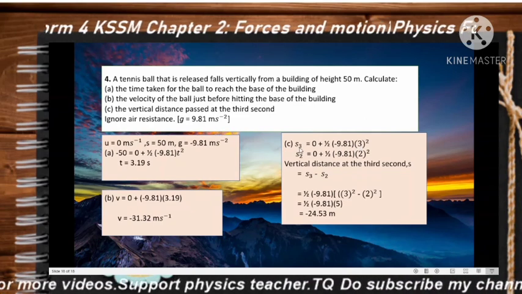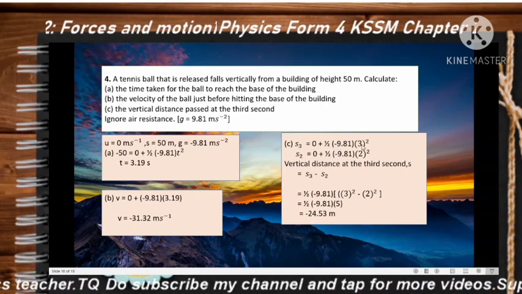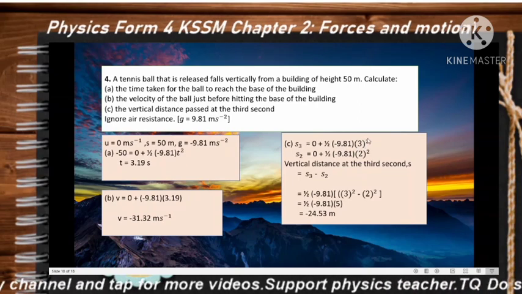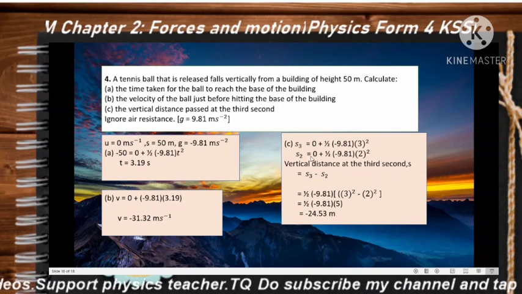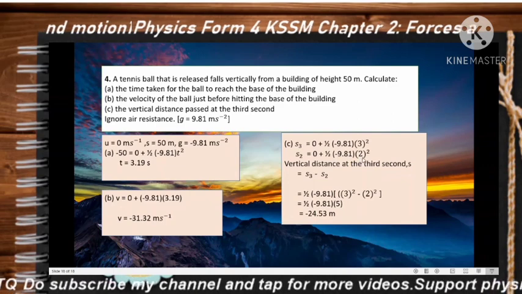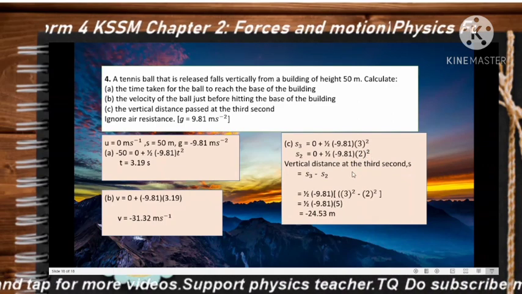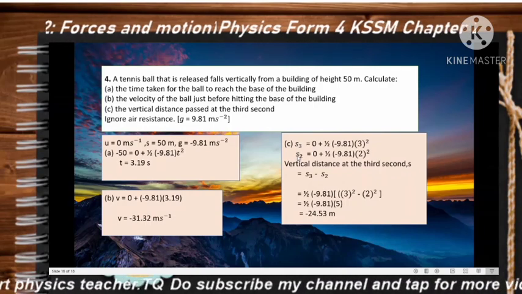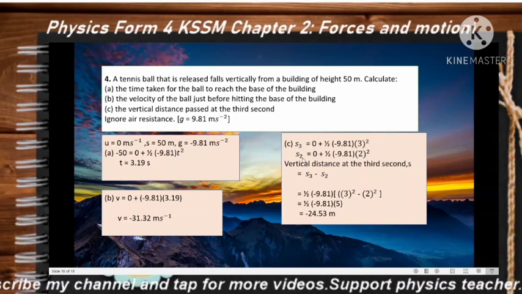So we label it as s3 equals u 0 plus half g negative 9.81 times 3 squared. And then s2 we calculate using the same formula, 0 plus half times negative 9.81 times 2 squared. Okay, so the vertical distance at the third second is s3 minus s2, because we want to find it for that third second only.